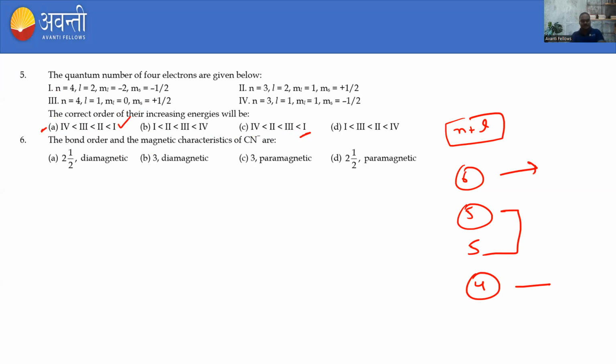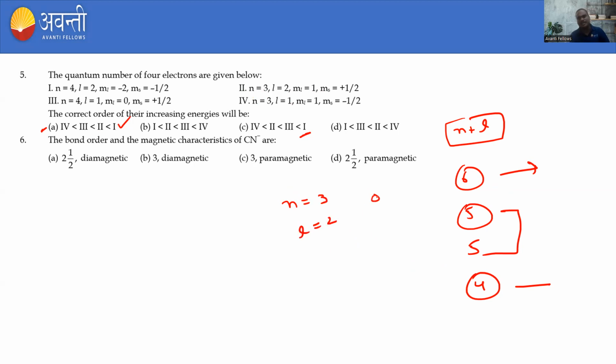So let me explain this. We all know this thing, it is very important to understand. In this case, if I'm talking about number two, where n is 3 and l is 2.